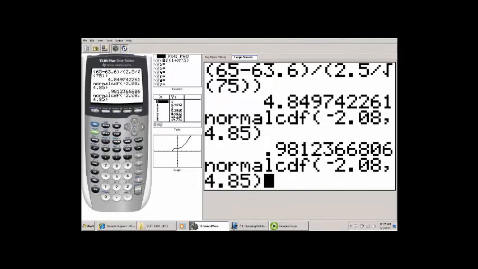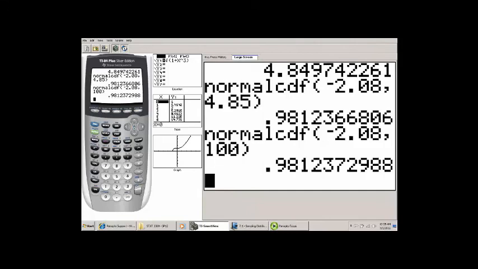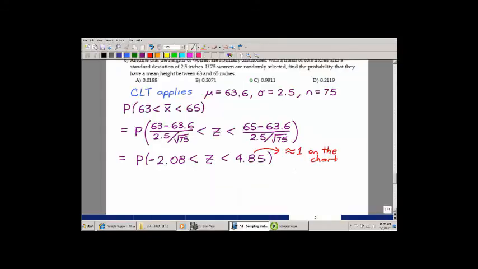In fact, I'll do that just for fun. 4.85 will make some difference in the later decimal places, but it is pretty far out there on the standard normal distribution. See, it didn't even change until the 6th decimal place. So it really didn't matter too much. So we'll go with 0.9812. Just slightly off a little bit here, but like I said, that's not going to be a problem.